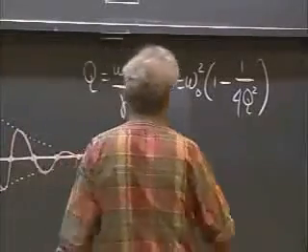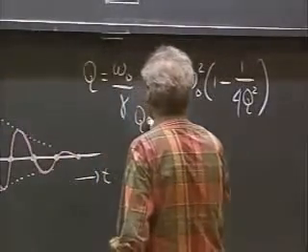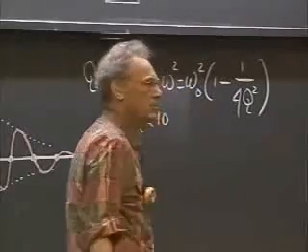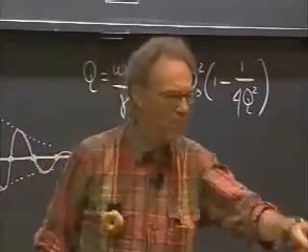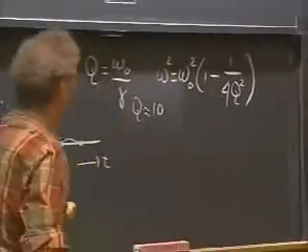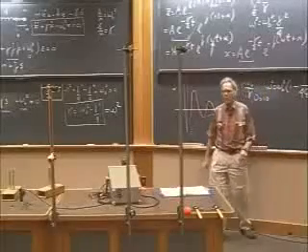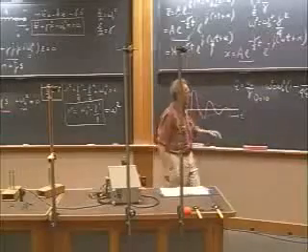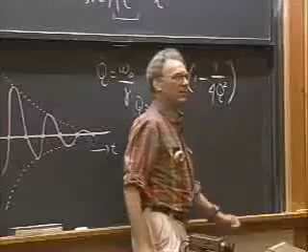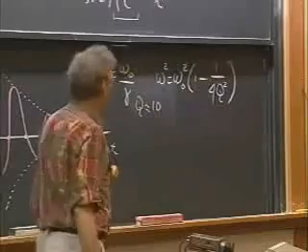What it tells you is that if Q is about 10, and I bet you the Q's are much higher for these pendulums, then you have here 1 divided by 400, that is 1/4%, but since omega is the square root of that, it's only 1/8%.